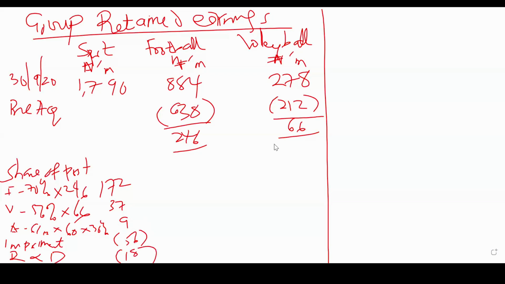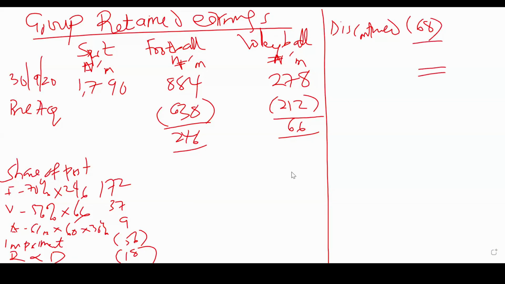Now, let's also not forget, there's a discontinued operation. Under the discontinued operation, we said there's going to be an impairment on the assets that were held for sale. The operating line, 68. So 68.